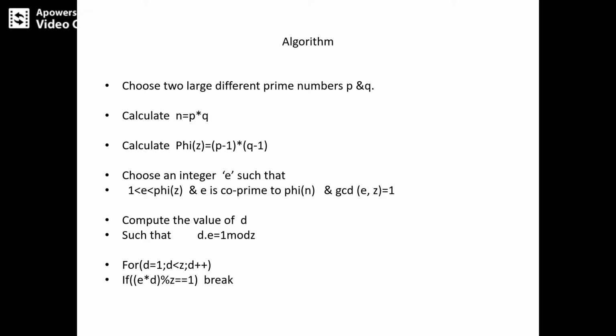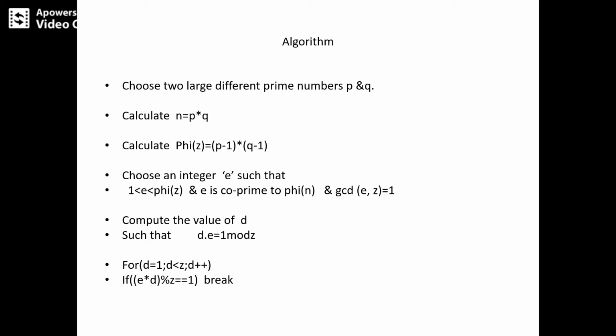Then we calculate phi of z, which is (p minus 1) times (q minus 1). We subtract 1 from each of the two large numbers and take their multiplication.